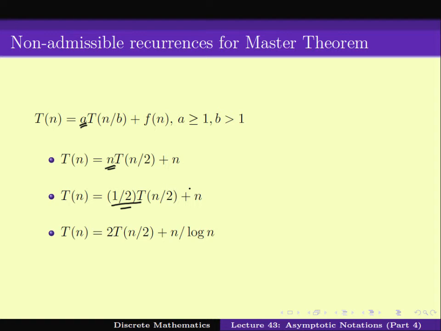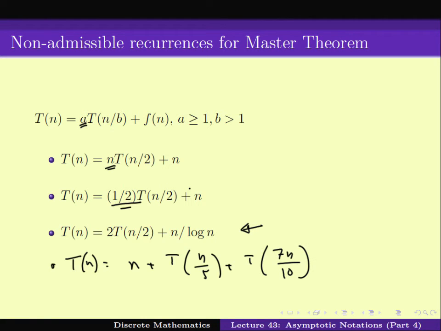Or this expression, you can convince yourself that it is not satisfied in any of the 3 cases. Or also the other one that we did, T(n) equals n plus T(n/5) plus T(7n/10), this also doesn't work because it doesn't fit in this form.